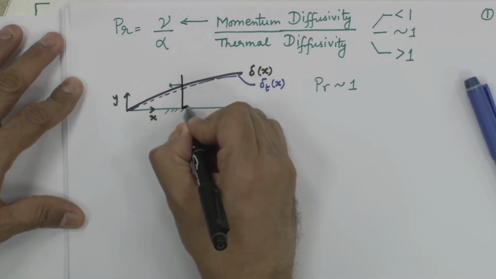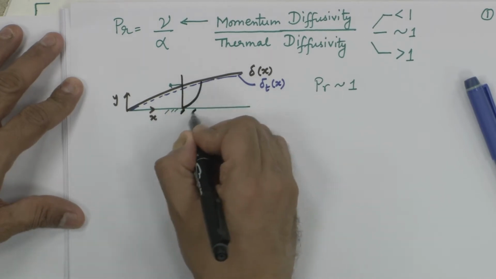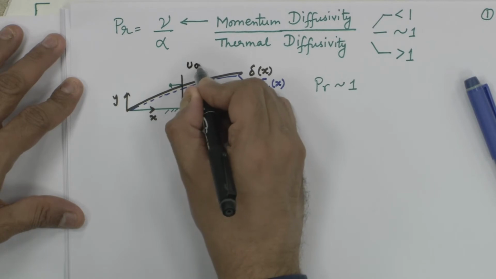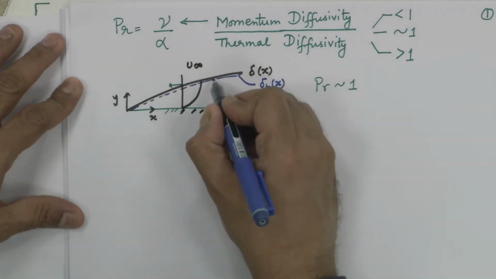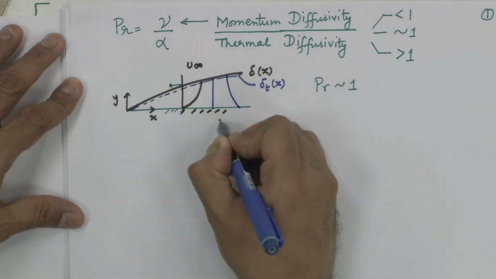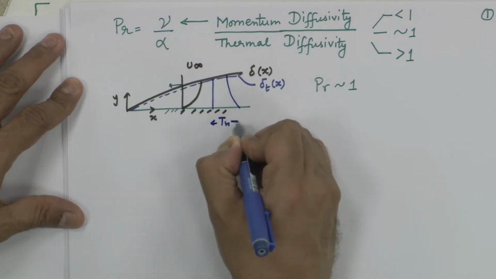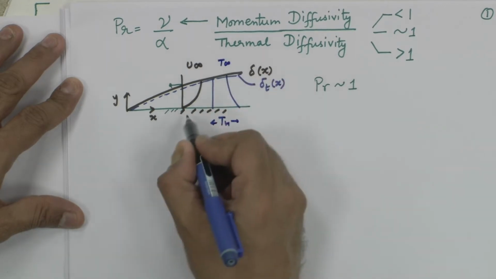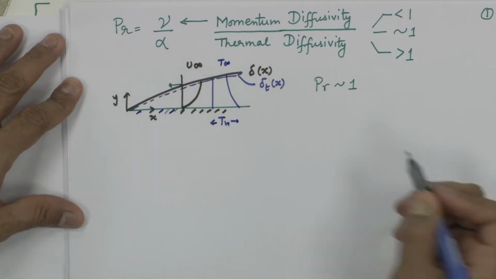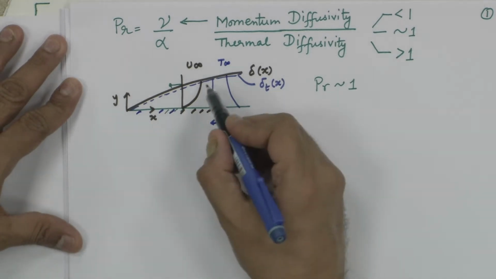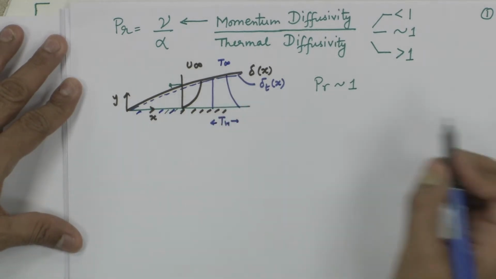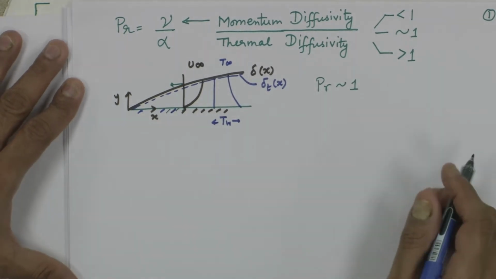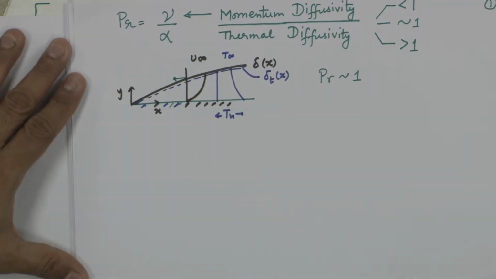Velocity profile would go from 0 at this wall to u infinity here. Temperature profile will go from T wall here to T infinity in this part. So, you have both extending almost to the same location in the y direction. This is Prandtl number approximately equal to 1.